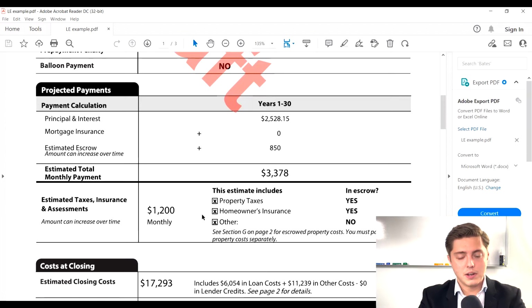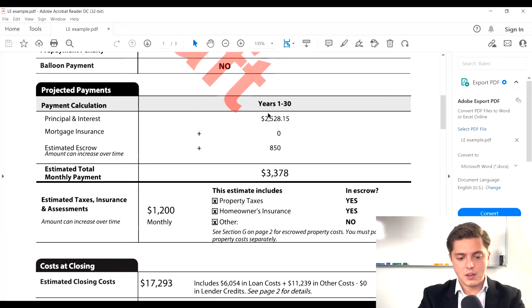Obviously we mentioned the mortgage payment, which is the principal and the interest that you're paying every single month. You also have an escrow account, you might have mortgage insurance, and you might have an HOA. Each of those things contributes to your housing expense, but not all of it is wrapped together to show what your total housing expense is on this projected payments section.